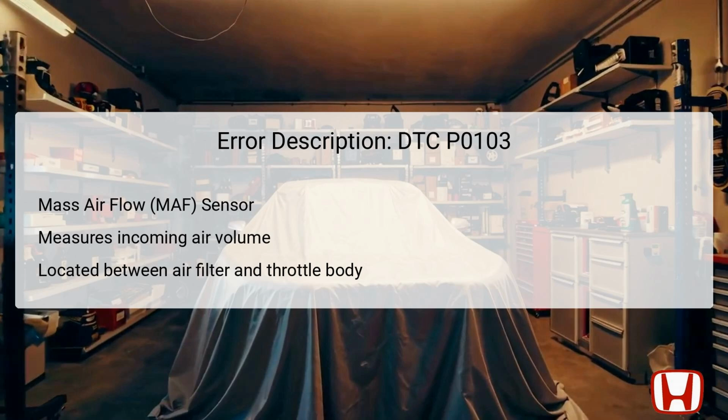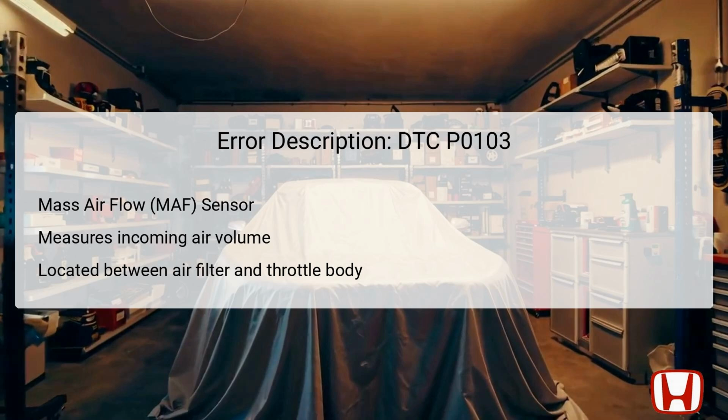This data is vital for the Engine Control Module, ECM, to calculate the optimal fuel mixture necessary for combustion. If the MAF sensor sends readings indicating excessive airflow or a high voltage, it could result in improper fuel adjustment, leading to diminished engine performance and increased emissions.